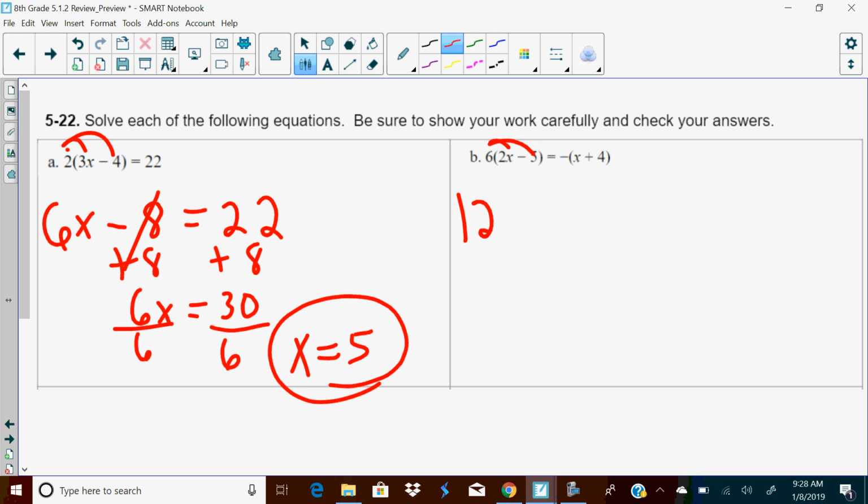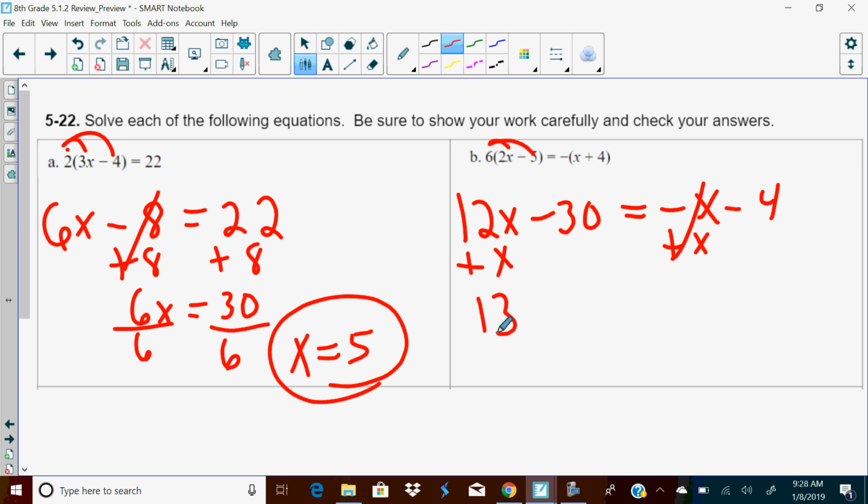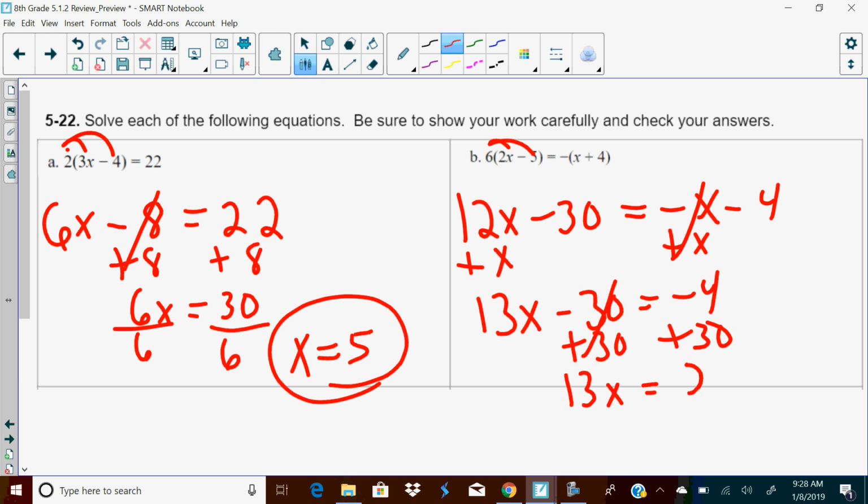So I get 12x minus 30 equals -x minus 4. Add x to both sides. I get 13x minus 30 equals -4. Add 30. So I get 13x equals 26. So x is going to equal 2.